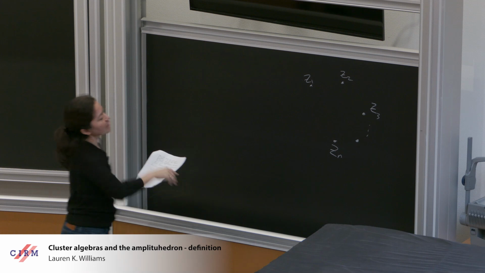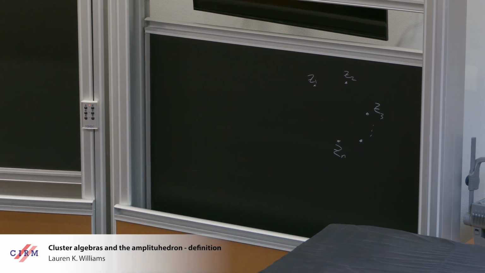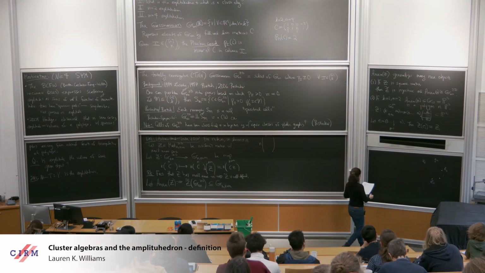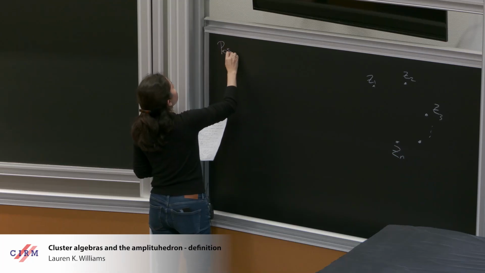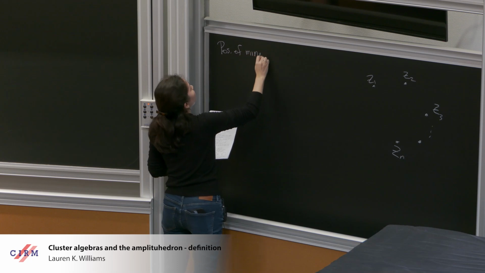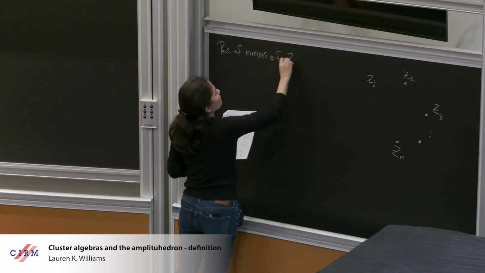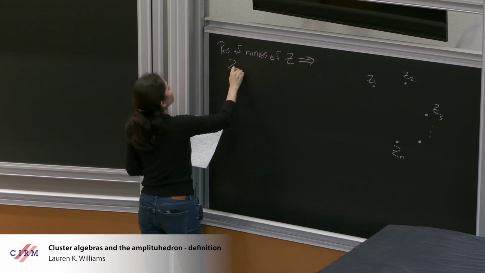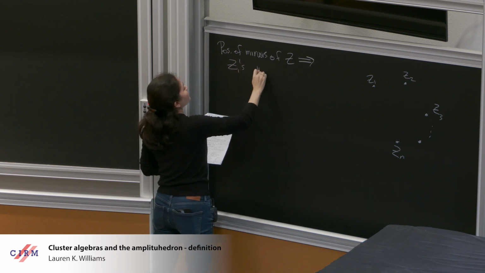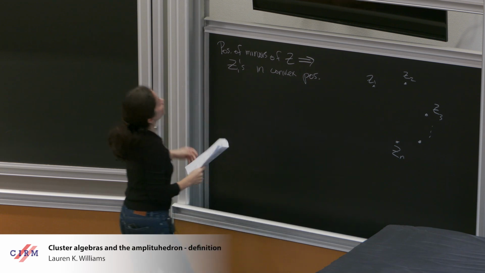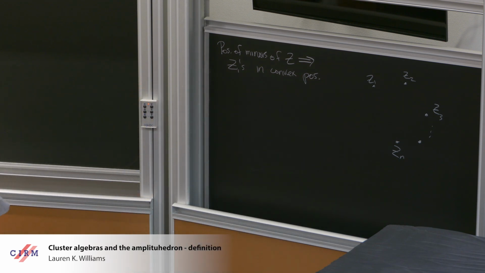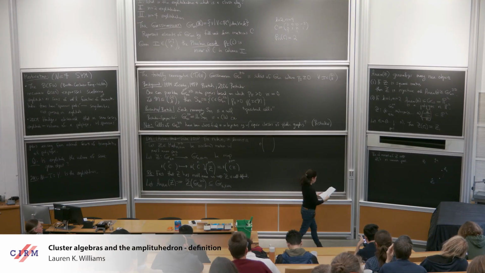That's what the positivity of the minors tells me. So positivity of the minors of Z implies the Z_i's are in convex position. And we have that e_i always maps to Z_i.